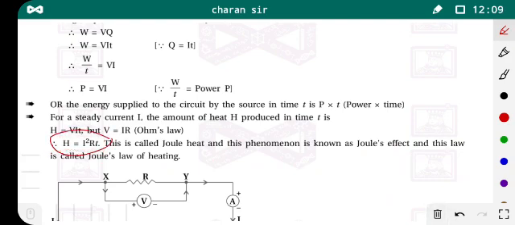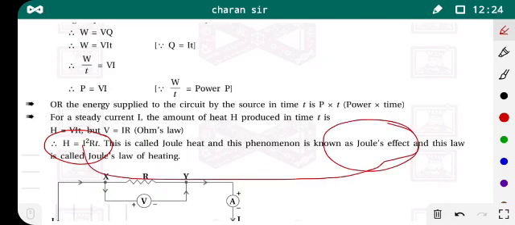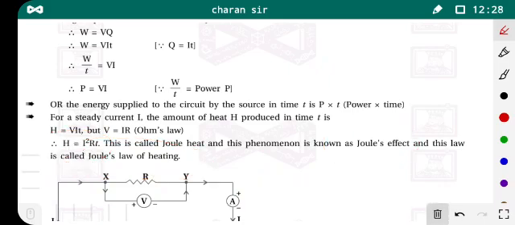So this is Joule heat, because it was discovered by the physicist Joule. This phenomenon is known as the Joule effect, and this law given by Joule is known as Joule's law of heating.